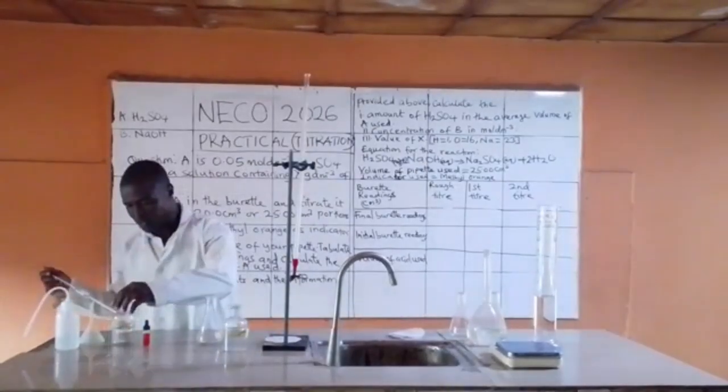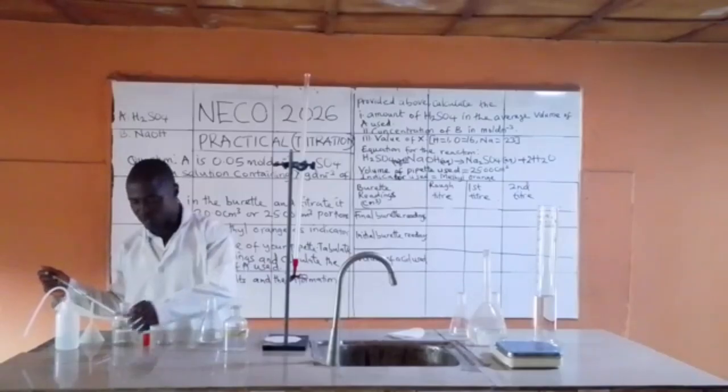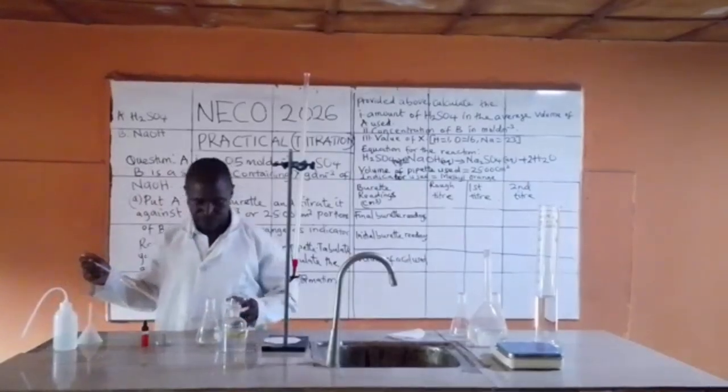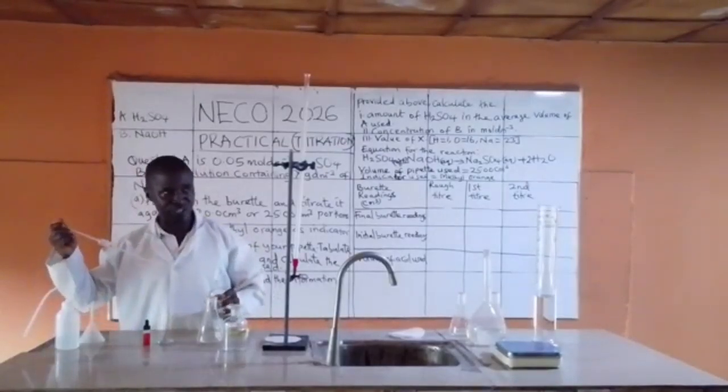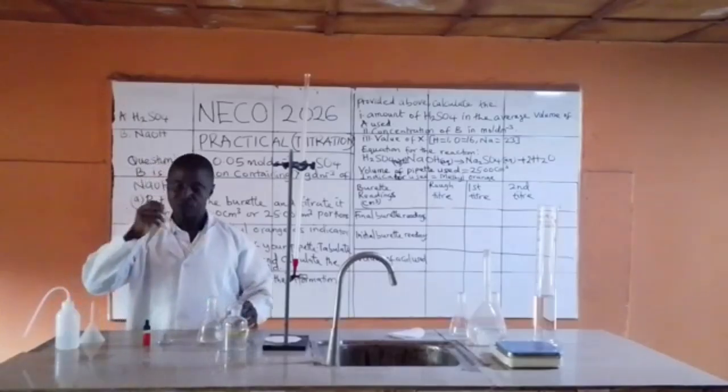Now, in order to get the titer values, we have to measure 25 cm³ of base, which is sodium hydroxide, and the base is inside this reagent bottle.